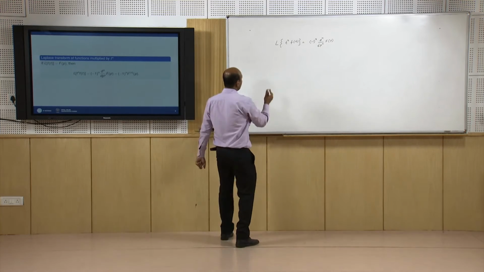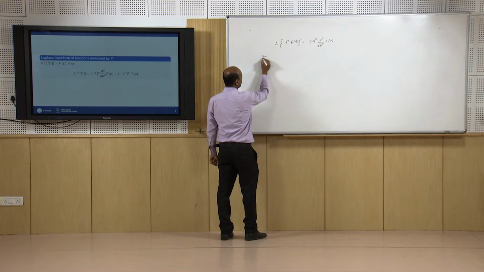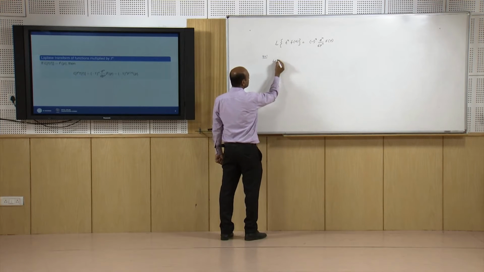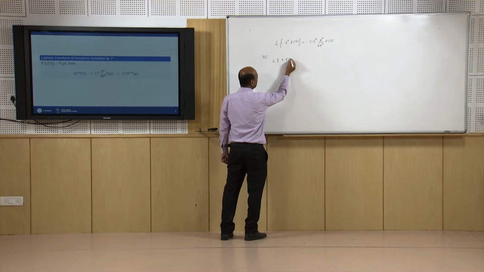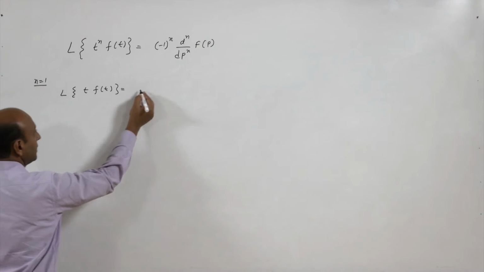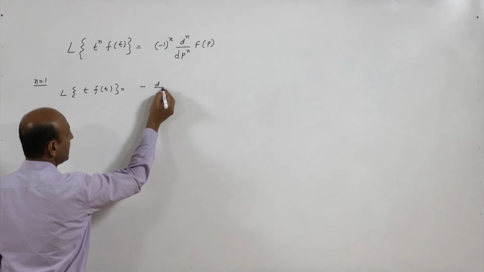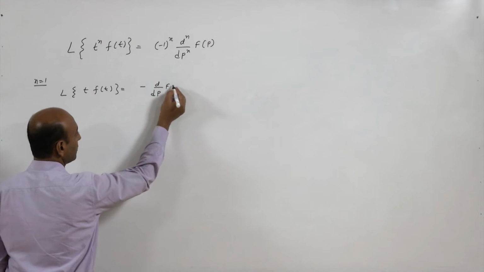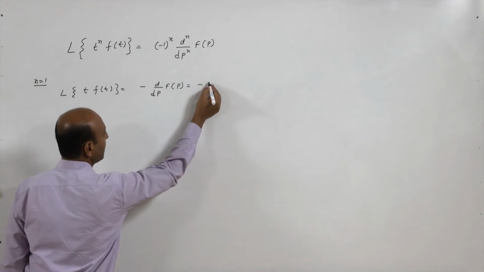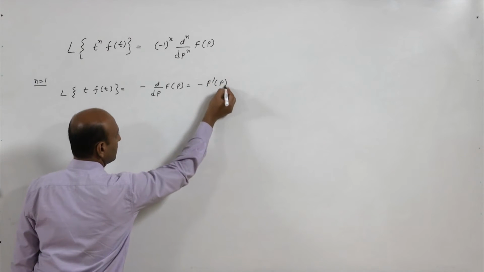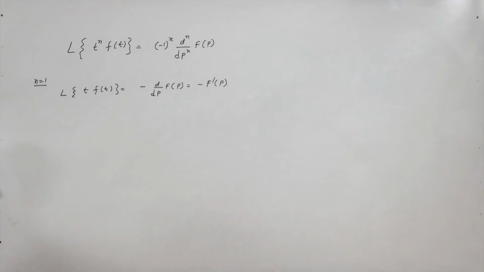So, let us prove for n equal to 1 first. The Laplace transform of t f(t) is nothing but the negative of d/dp of F(p), or we are calling it minus F'(p). So, how to prove this?